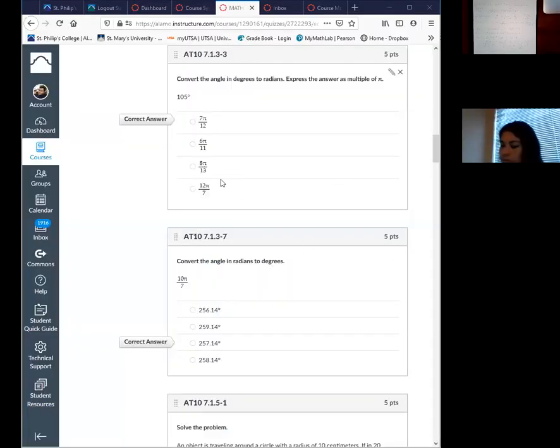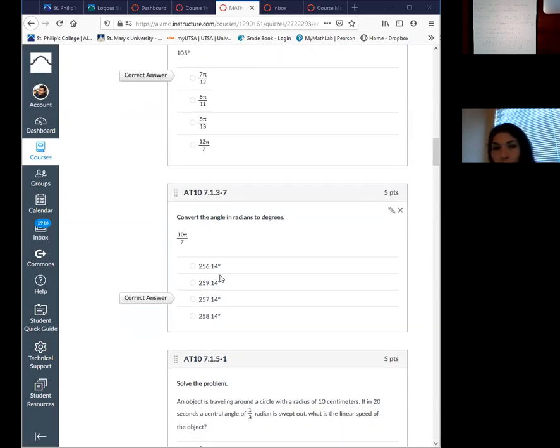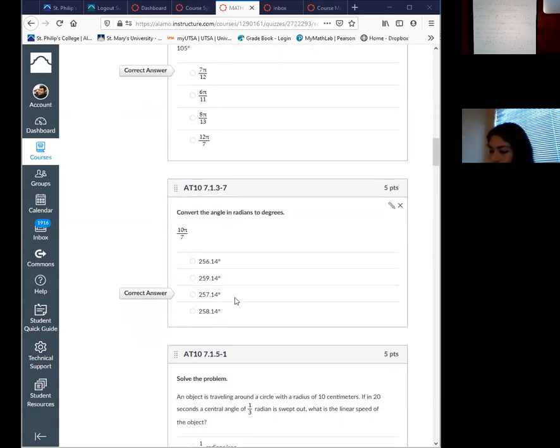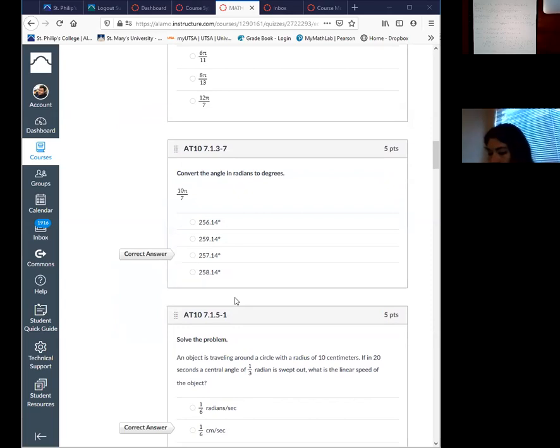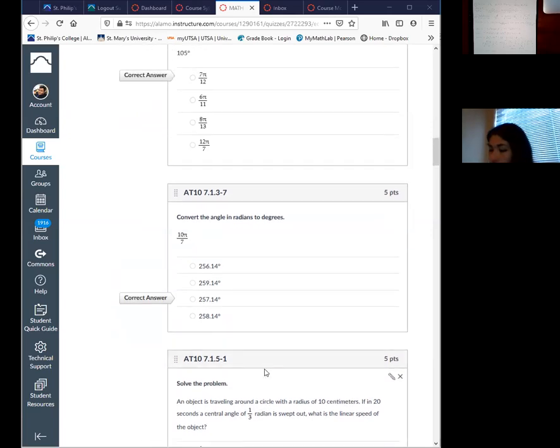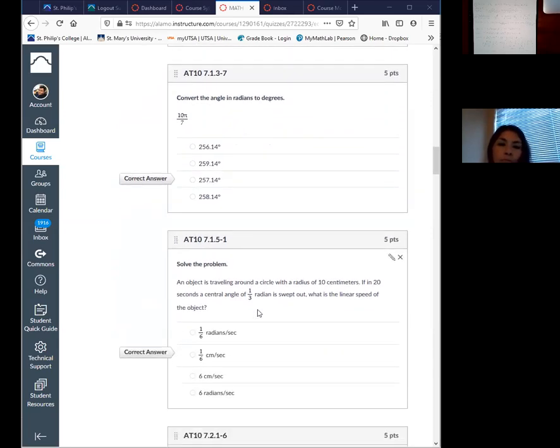Okay, so I think we can just do these really quick, unless you're opposed to it. This is just convert from degrees to radians. This is radians to degrees. I think we'll just keep going.